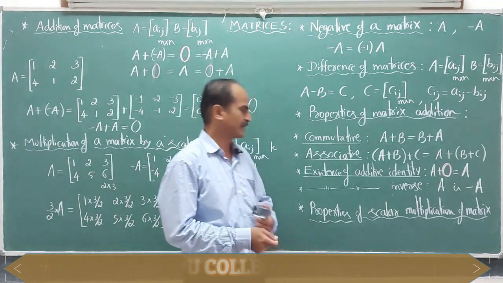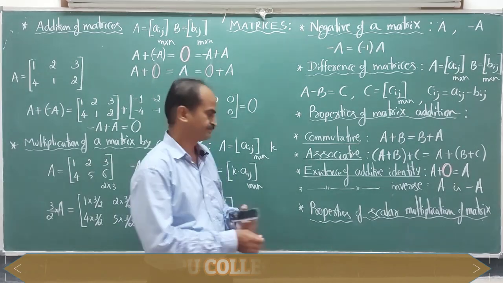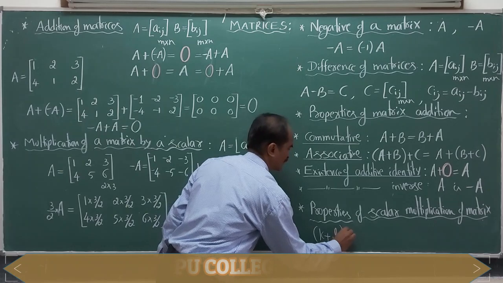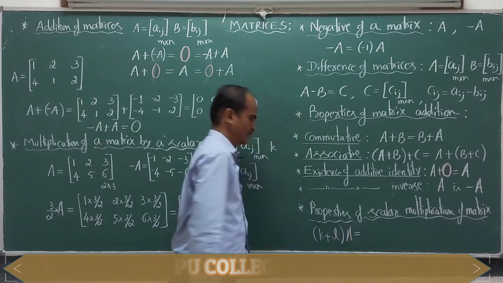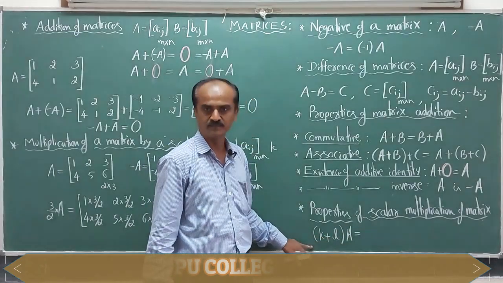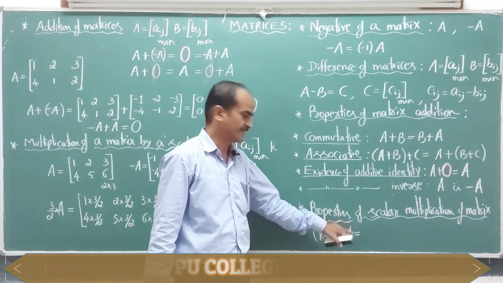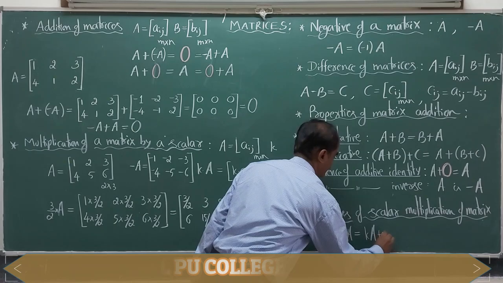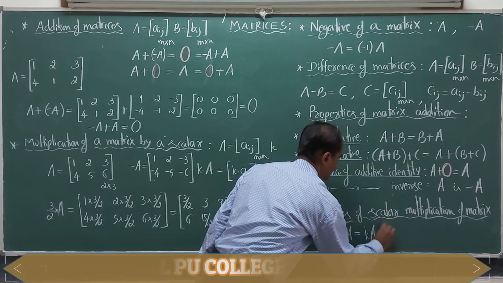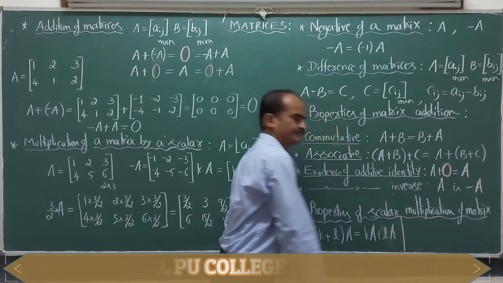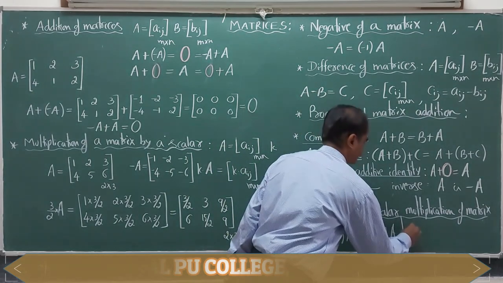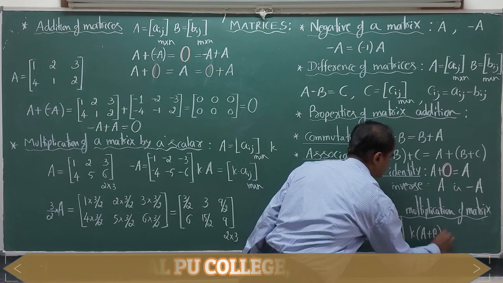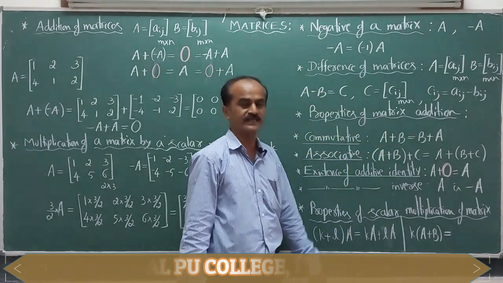Finally, properties of scalar multiplication. Suppose you have taken two constants k and L. K plus L times matrix A is the same as k times A plus L times A, or k times of A plus B, where A and B are matrices, k is a scalar.